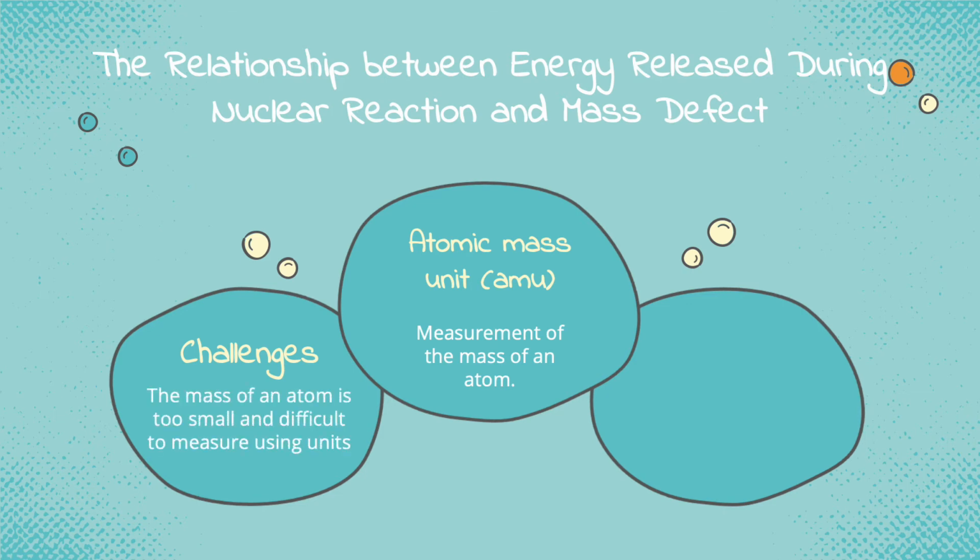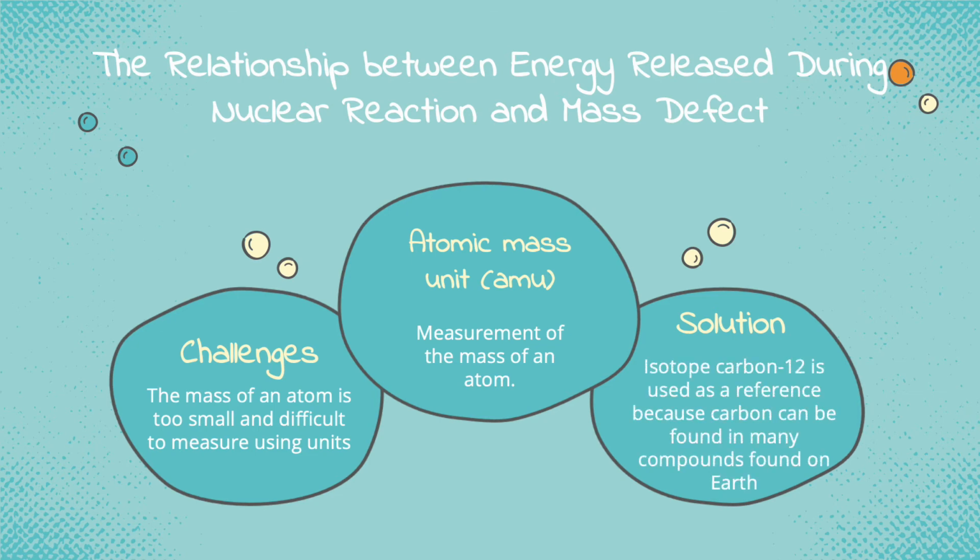The mass of an atom is too small and difficult to measure using units. This is the challenge we are going to face, but every problem must have solutions. The solution for this problem is we will use isotope carbon-12 as reference because carbon can be found in many compounds found on the earth.